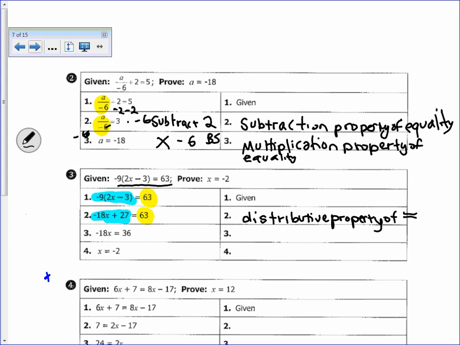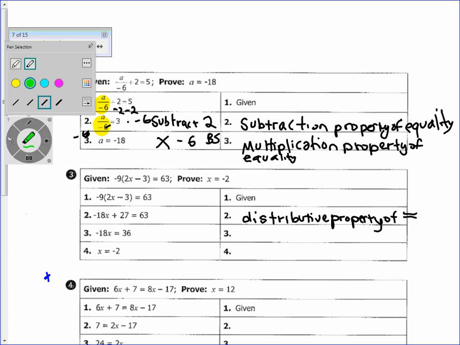Distributive property of equality. Okay? Look at step 3. What changes from step 2 to step 3? And what doesn't change? Well, I can tell you what doesn't change.